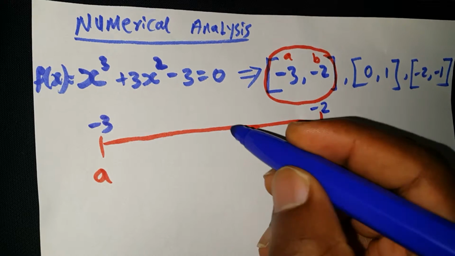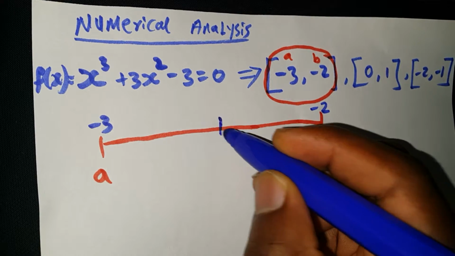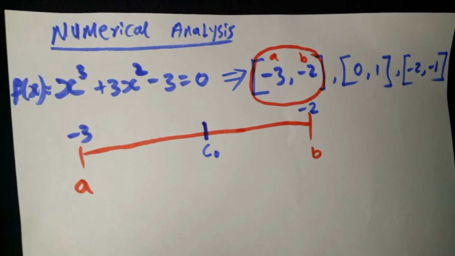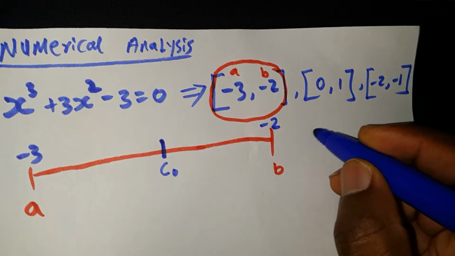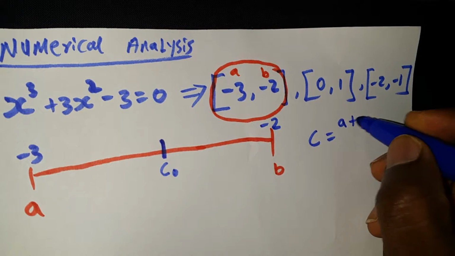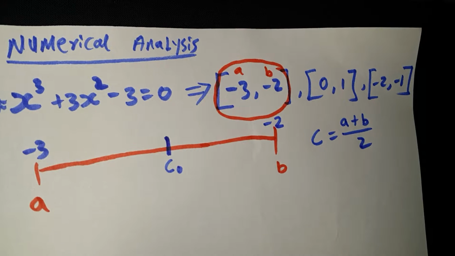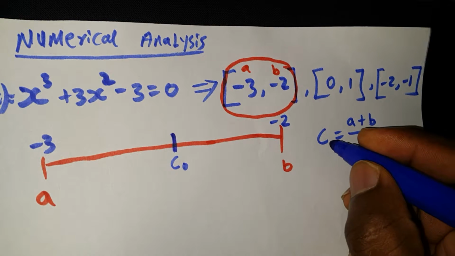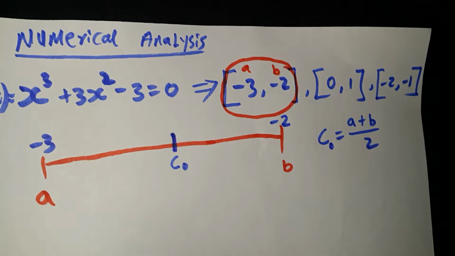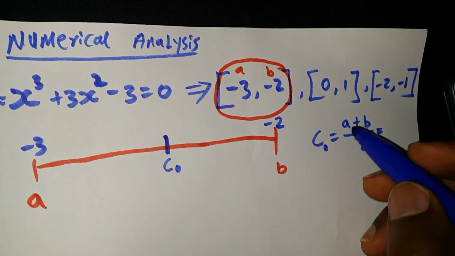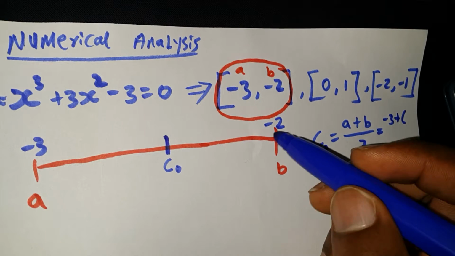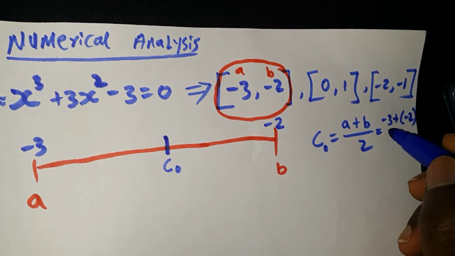Now we have to find the midpoint. Call it C. We have to find the value of this place. And what is our formula for C? C is equal to A plus B all over 2. Putting the values in, our A is -3 plus B is -2, all over 2.